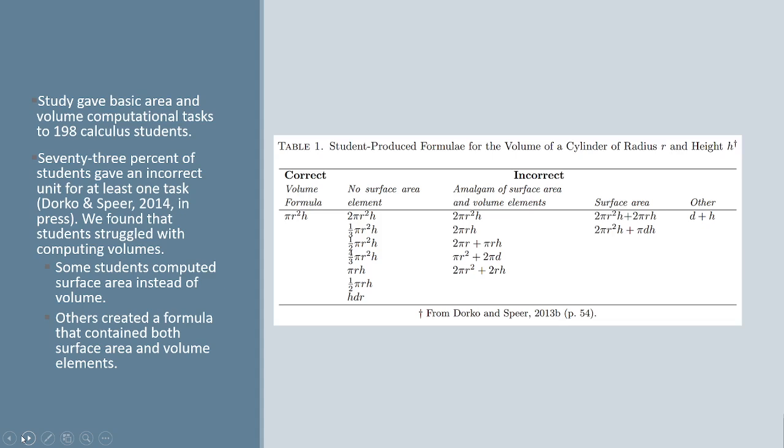So we can see over to the right here, we have some different categories where in some of them there was no surface area element. Some of them combined the elements of surface area and volume. Others only had elements of surface area, or maybe there's some other example here.